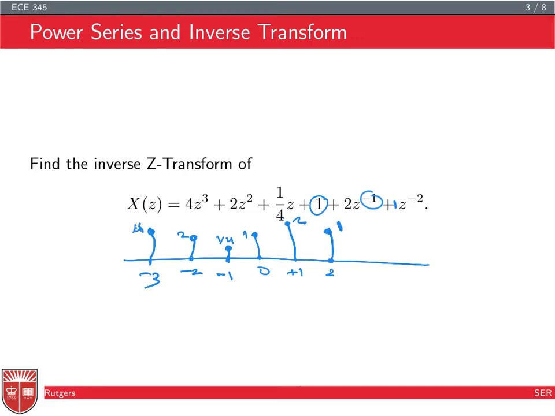So the inverse of a power series is easy, because the coefficient of each power gives us the value of the signal. And now we can write the signal in a delta function notation.